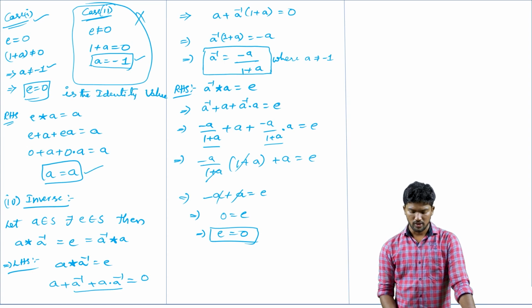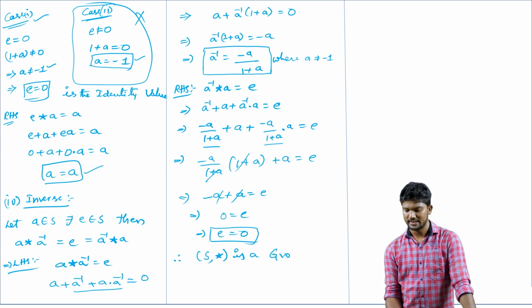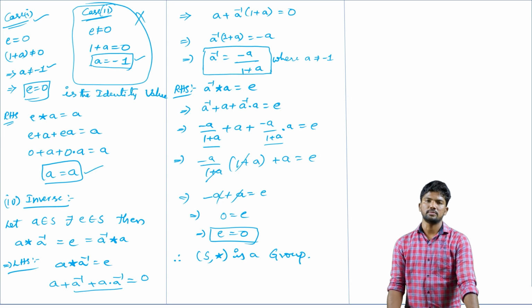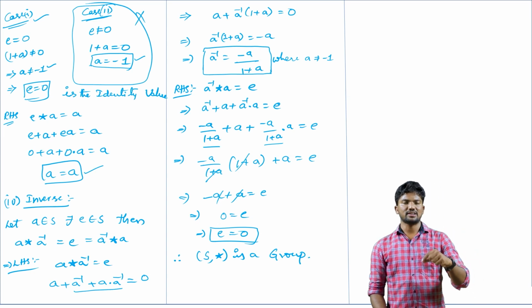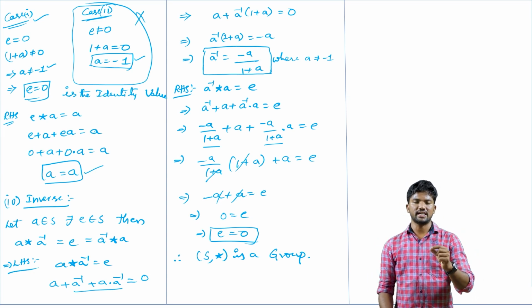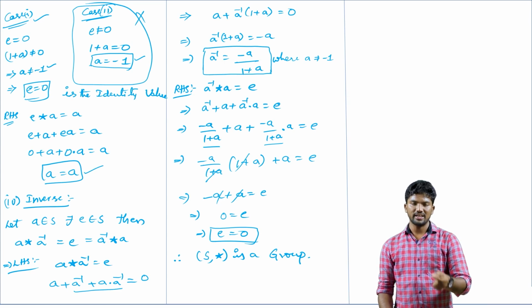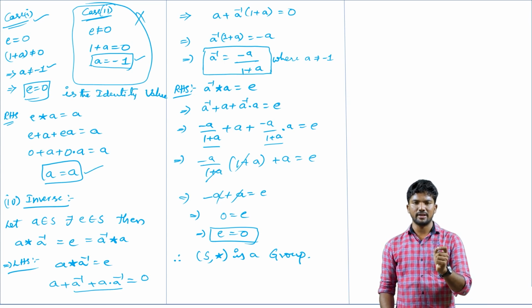So from this we can clearly say that S, star is a group, because it satisfies the closure condition, associative condition, identity condition, and inverse condition. We have e = 0 as the identity element, and a inverse = −a/(1 + a) as the inverse element.